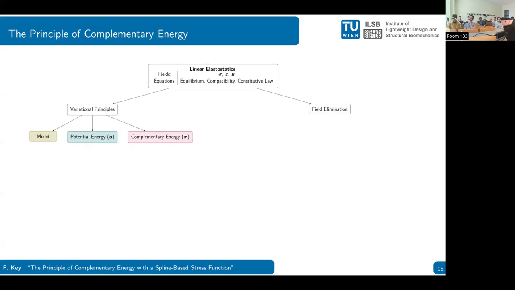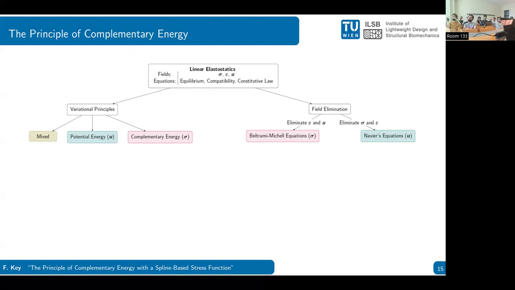So for the variation principle, there are again different options. So this mixed formulation, the most general one that I used at the beginning. Then we have the potential energy, which is formulated in terms of displacement, which we did not discuss, or the complementary energy formulated in stresses, which is what it is. So for the field elimination, you can take all these equations and, for example, eliminate strains and the displacement.